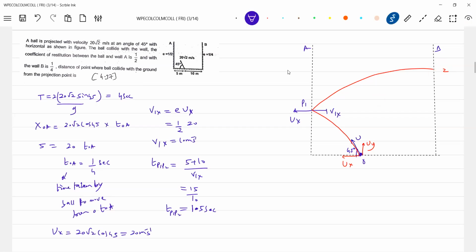And it will approach here and it will rebound with a speed v2x.